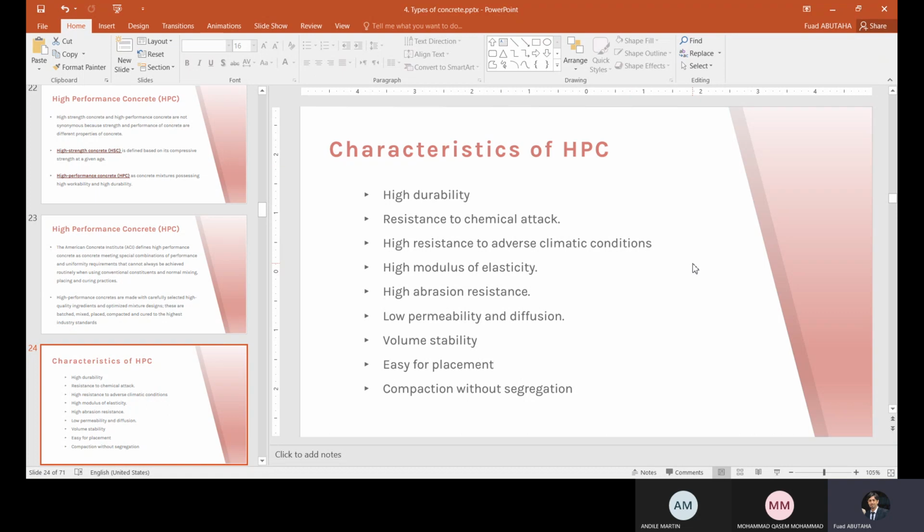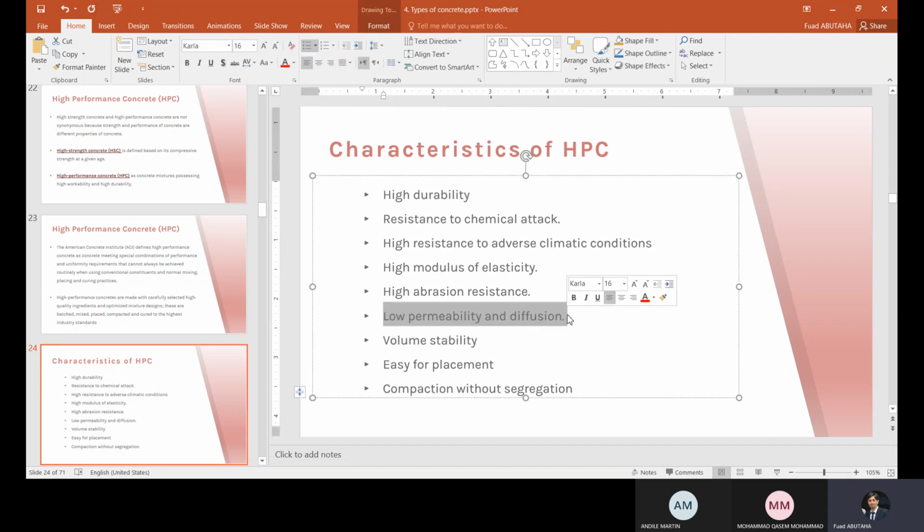It can block any water from penetrating inside the concrete and reaching the steel bars.